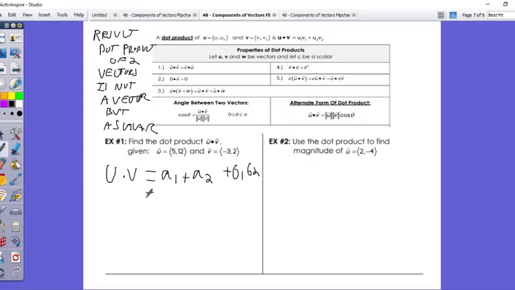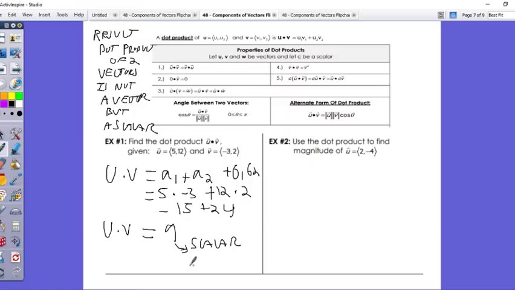This would be equal to 5 times negative 3 plus 12 times 2. This would be negative 15 plus 24. And this is going to be equal to 9. U times v is 9, and that is our scalar. It's a real number.